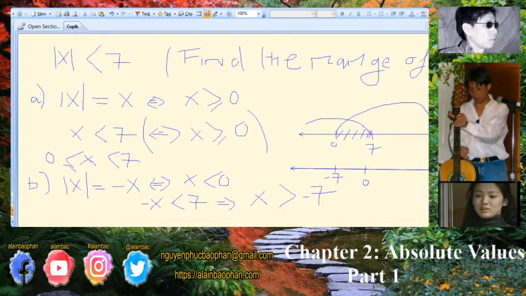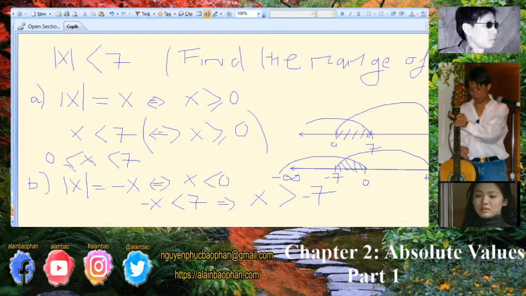So x greater than minus 7 goes from minus 7 to plus infinity, and x less than 0 goes from 0 to minus infinity. So from here to here. That intersection is the solution of this case B.